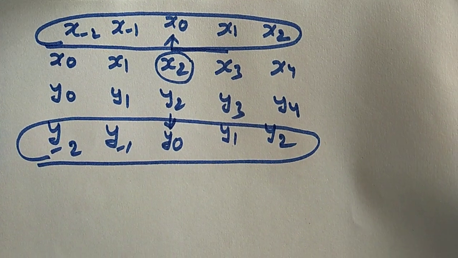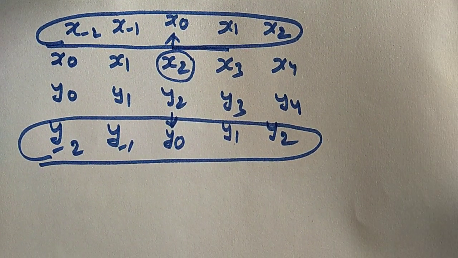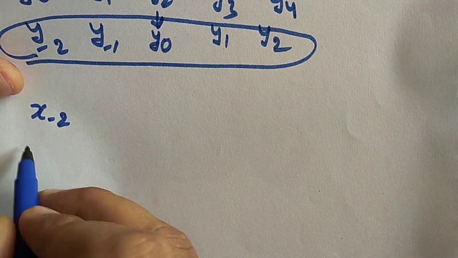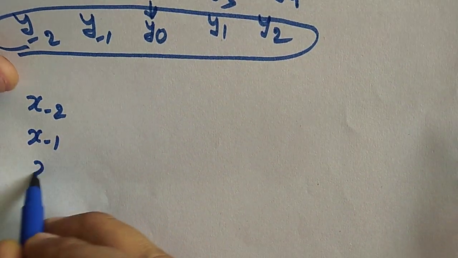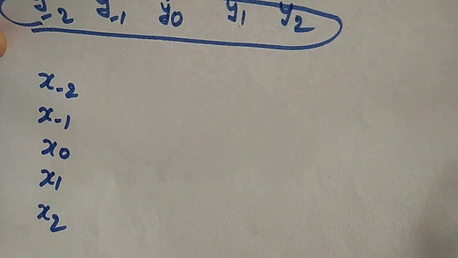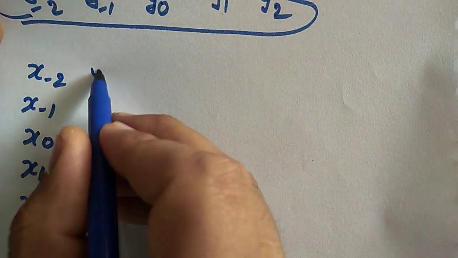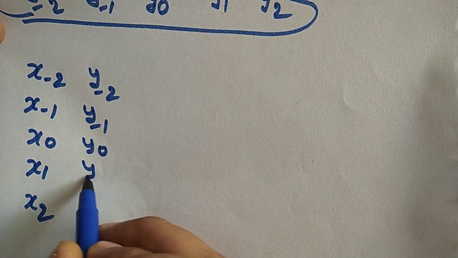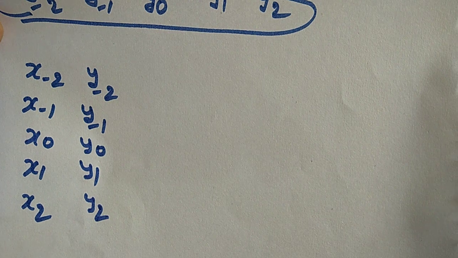So let us try to write the central difference table. We have x minus 2, x minus 1, x0, x1 and x2. Then we have y minus 2, y minus 1, y0, y1 and y2.